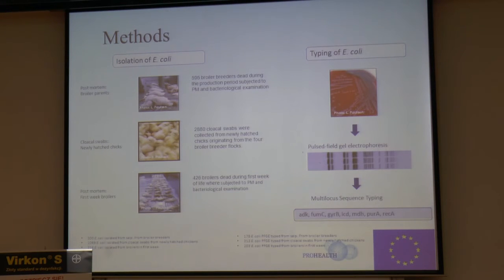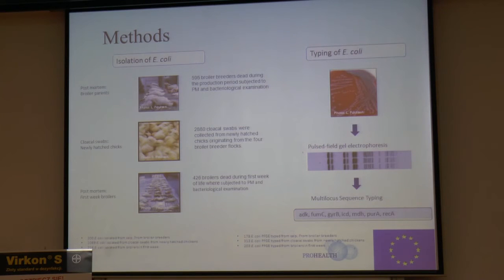Just to show you that isolation of E. coli was performed from the broiler parents, and you can see it's a lot of birds we have performed post-mortem on, and the E. coli obtained was stored and characterized.